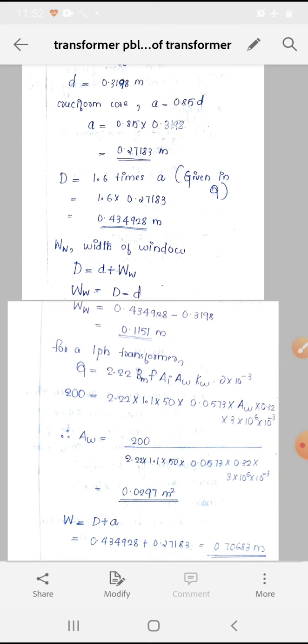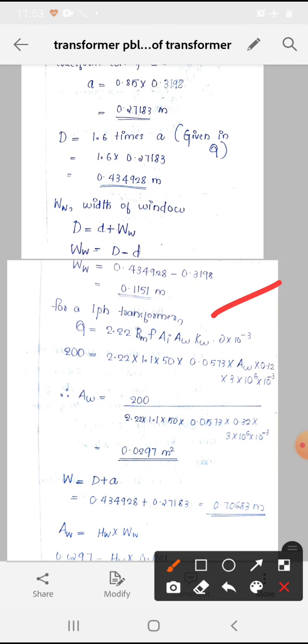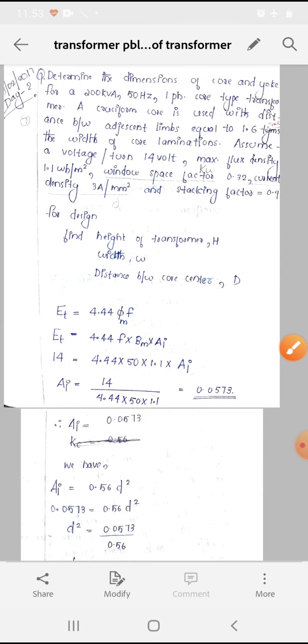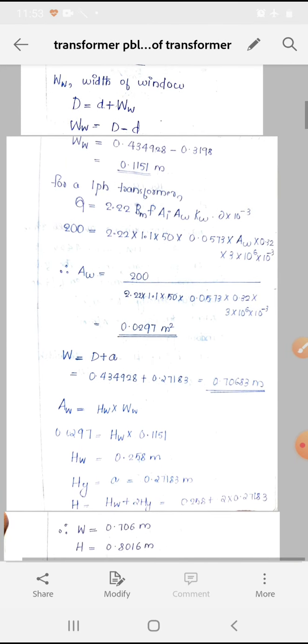Now for a single phase transformer, Q is equal to 2.22 Bm f Ai Aw Kw delta into 10 raised to minus 3. So in the question Q is given as 200 kVA, Bm is given, f is given, Ai is given, Kw is window space factor, that is given, and delta is also given.